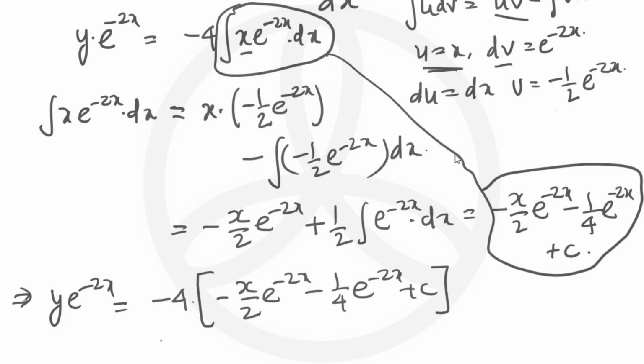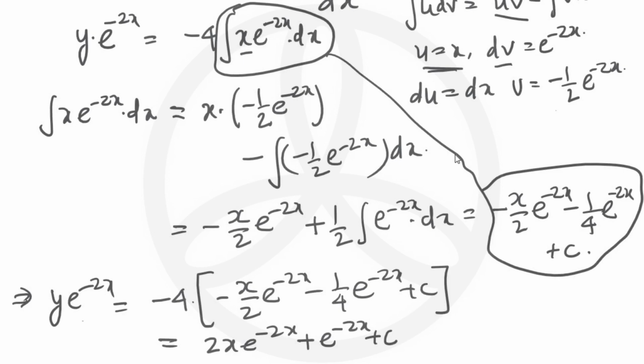And this will give us a result of minus 4. This will be 2x e to the power minus 2x, and this will be again plus e to the power minus 2x plus c.